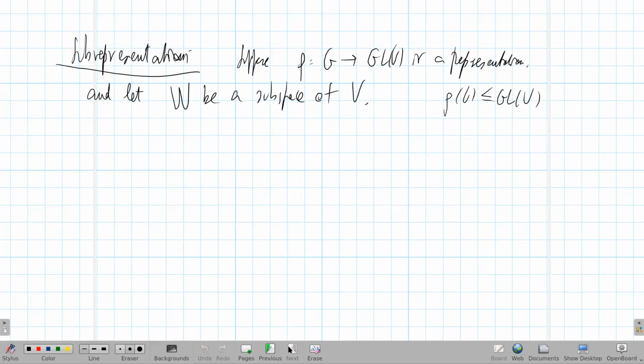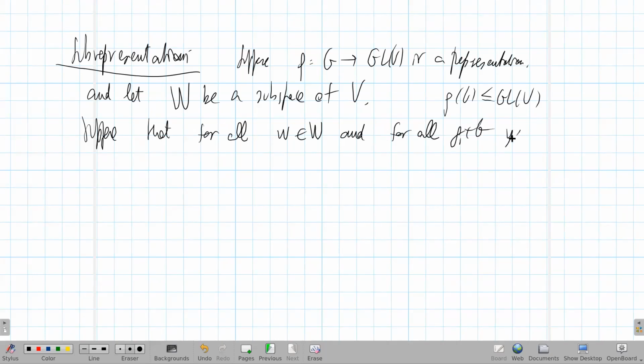So suppose that for all w in W and for all g in G, you have w rho of g in W. So what I've written here is something I mentioned previously, but let's make it clear here. To me, vectors are row vectors, okay?